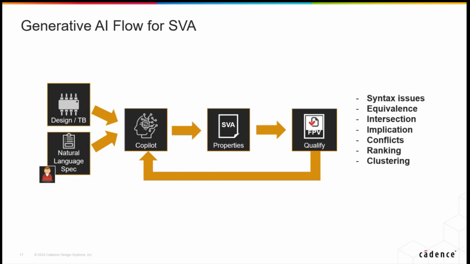Then you have a copilot, and you're working with the copilot. You send your prompt in, and it goes in and develops some properties. Great. You get your property back, and now you have to do a quality check. You can't just say, oh, it's good. So you've got to look at that. There's a combination of off-the-shelf tools, like we could use Jasper, to do some checks on those properties and make sure they're reasonable.